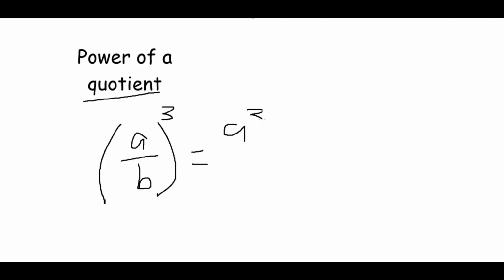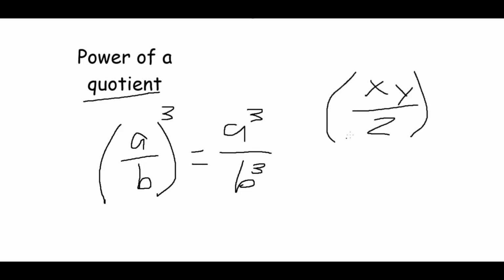So a cubed over b cubed. Another one would be x y over z, and we'll put it to the 4th power. So we'll distribute: x to the 4th, y to the 4th over z to the 4th.